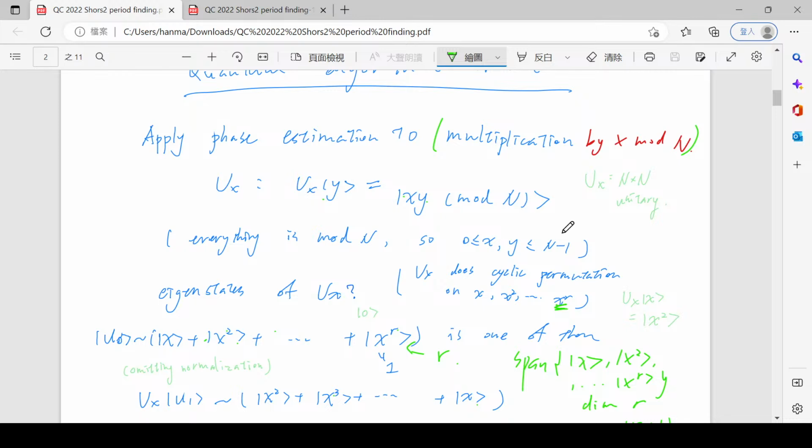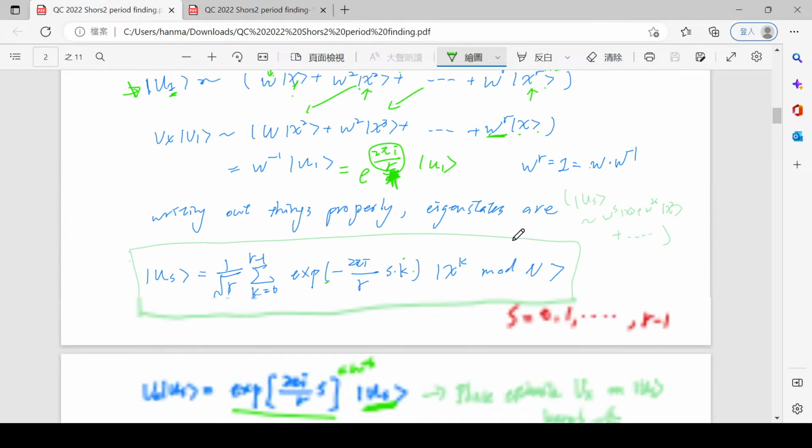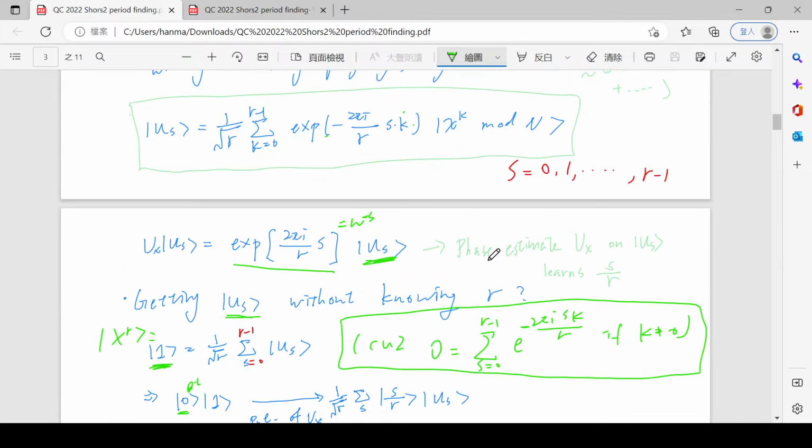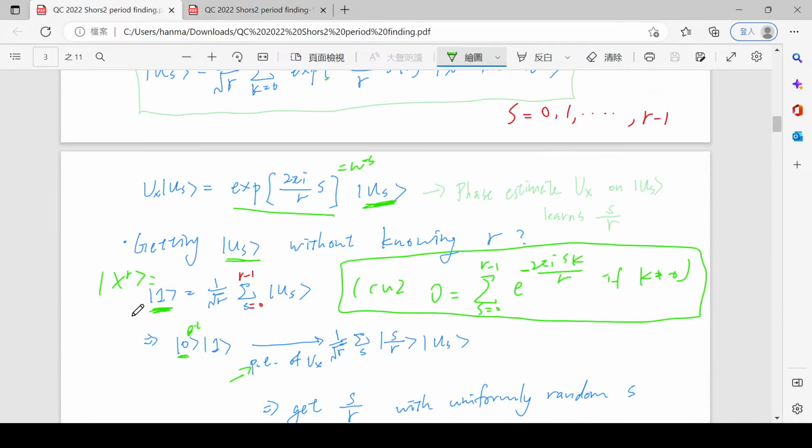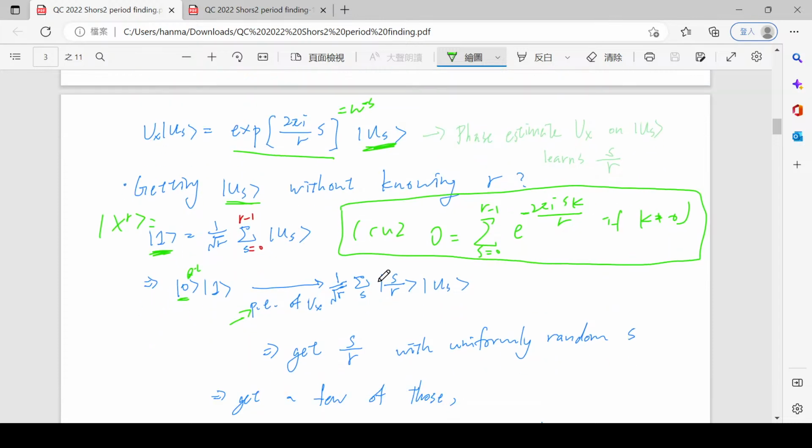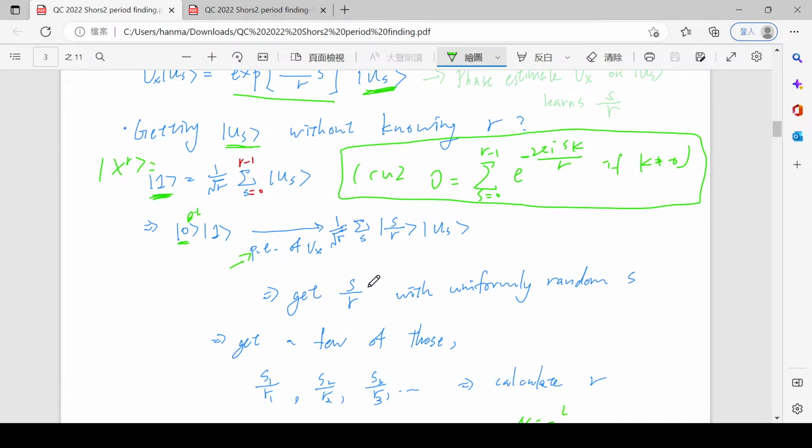We show that you can do phase estimation on this unitary, not quite with an eigenstate, but on the state 1, and then you can find some s over r with uniform random s.